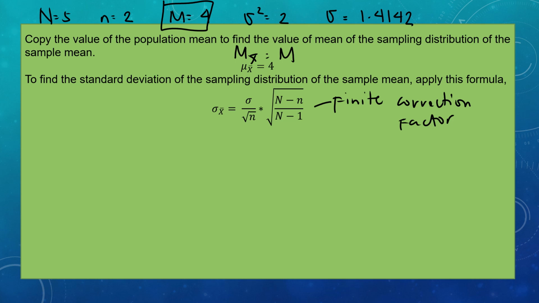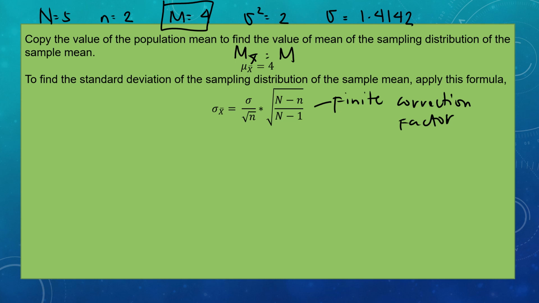We use a finite correction factor when the population size is given. If the population is not given, it implies that you will only apply the formula sigma over square root of n. However, in our given example, the population is given, which is equal to 5. That is the reason why we need to apply a finite correction factor.